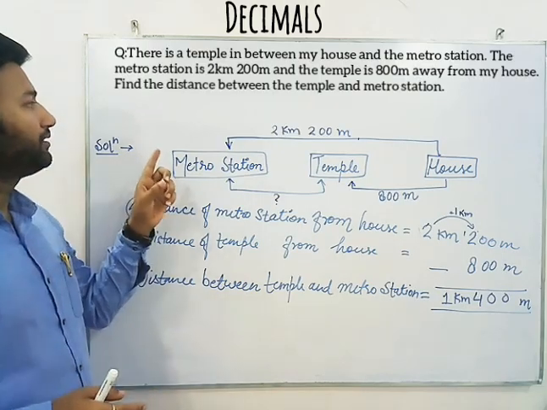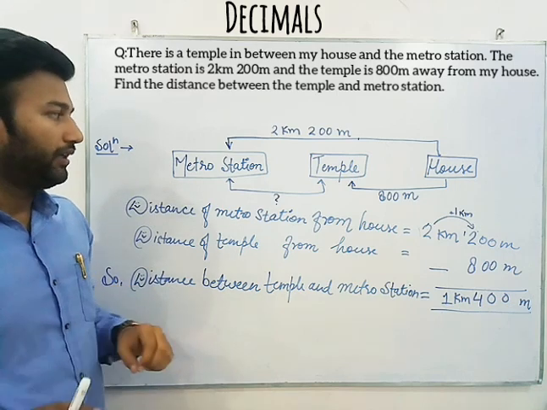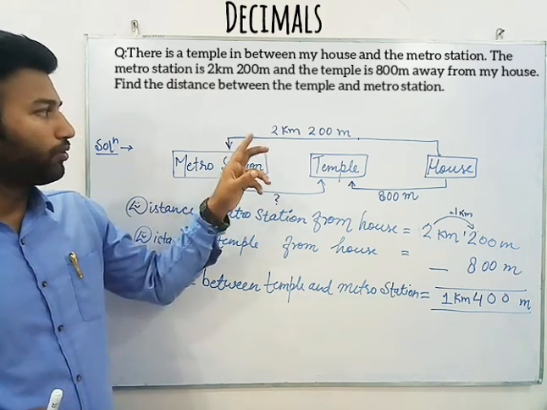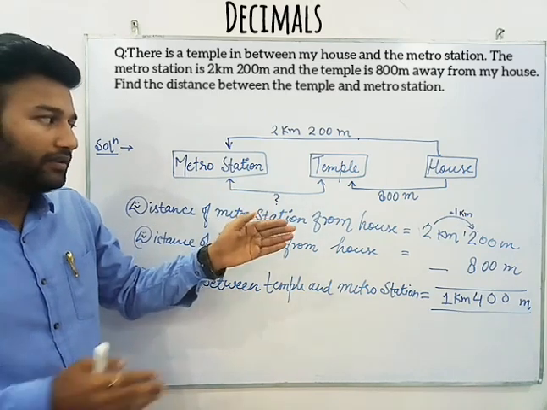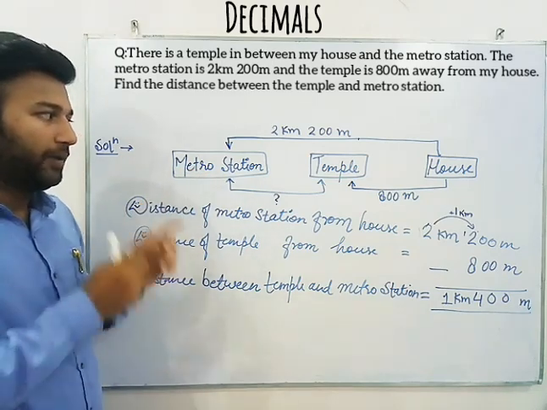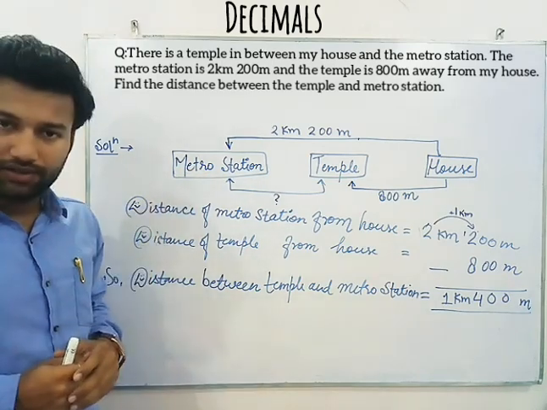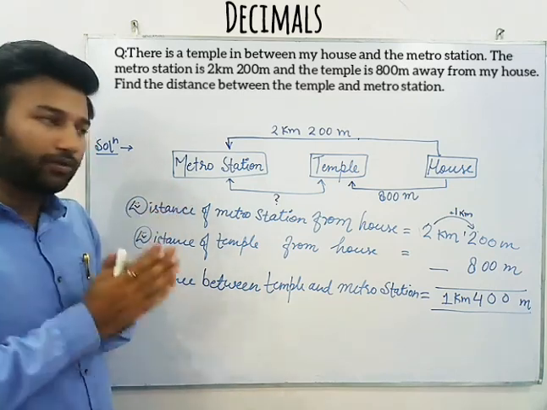Now the question is, there is a temple in between the house and a metro station, and the metro station is 2 km 200 meter away from the house, and the temple is 800 meter away from the house. What is the distance between temple and metro station? Okay, so we will find the distance between temple and metro station.